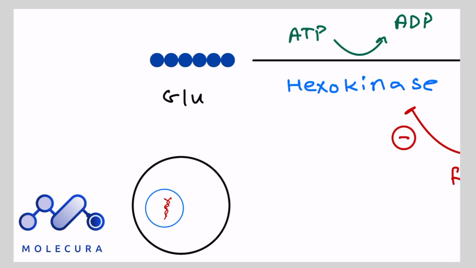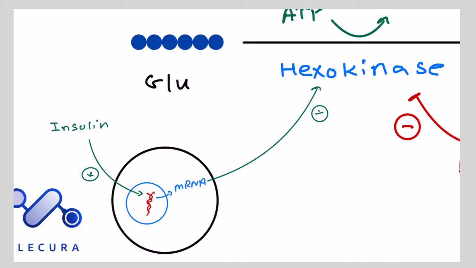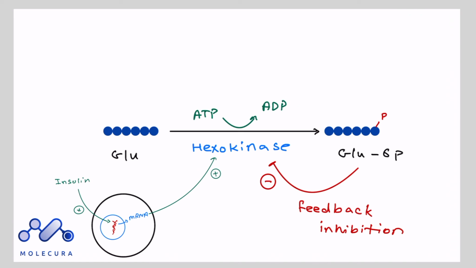Insulin comes and tells the DNA that we need more hexokinase. So the DNA gets transcribed into mRNA, and this mRNA is translated into hexokinase. So insulin is going to indirectly affect the gene expression, thereby increasing the amount of hexokinase in the cell.